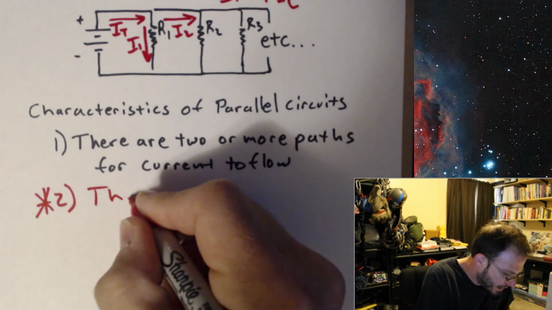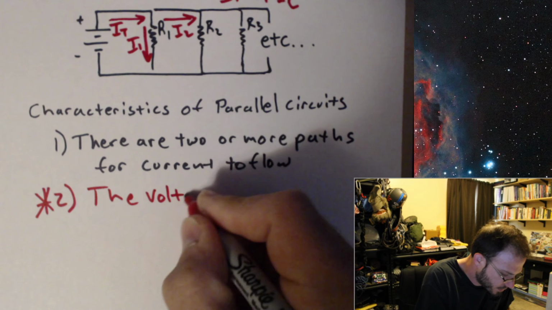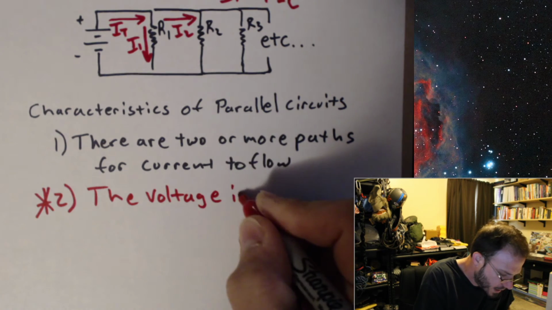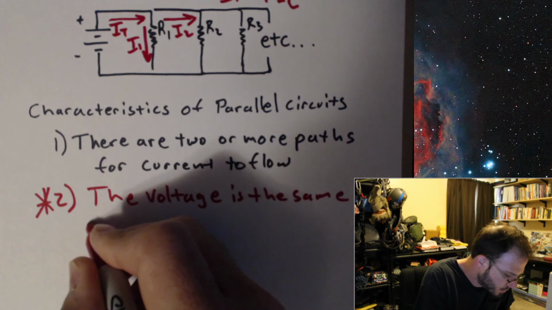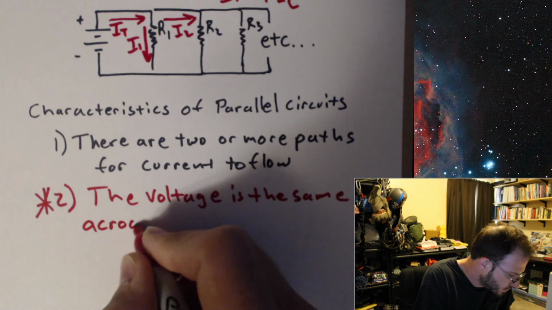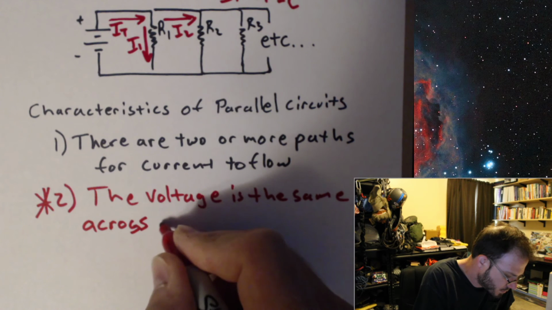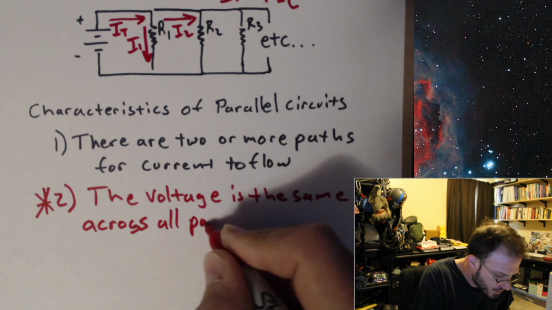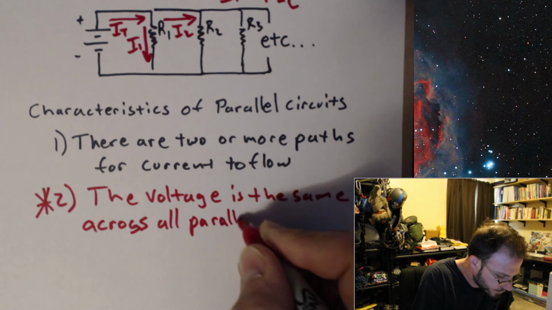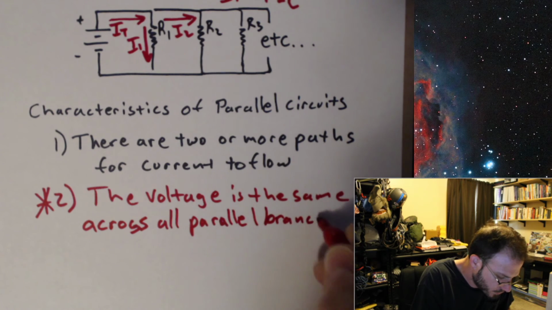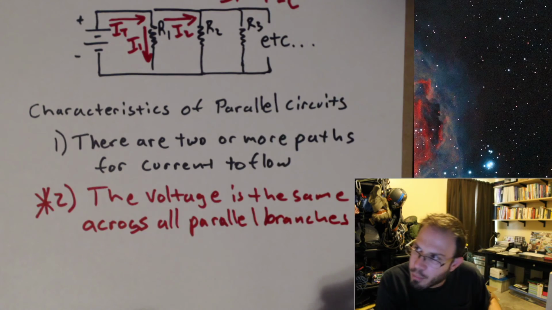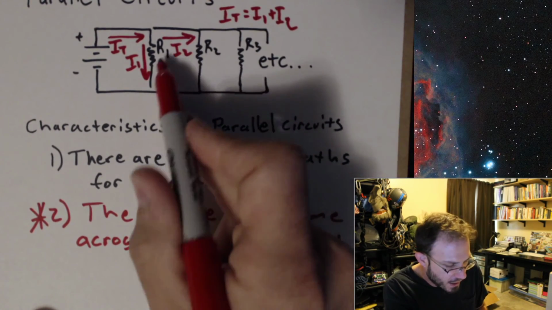Again, the voltage is the same across all parallel branches.